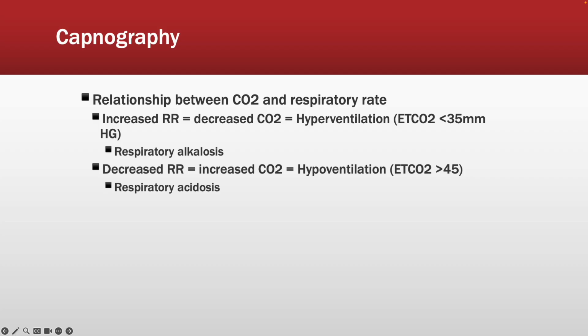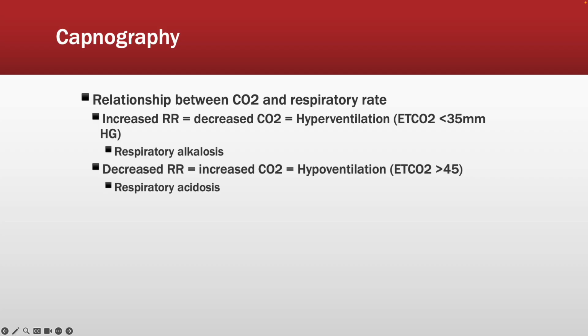This will give you a respiratory alkalosis because we're blowing off too much CO2. Remember, CO2 is a kind of weak acid, so it will have an effect on our acid-base balance, acidosis or alkalosis. So if we don't have enough of that acid, we have an alkalotic state, right?